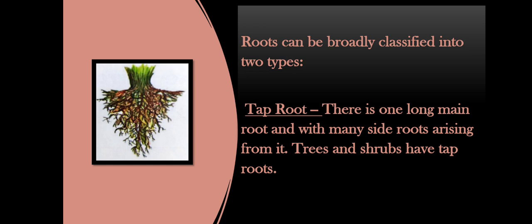As you are seeing in the picture of taproot, they have a long main root and many side roots arising from it. This is taproot, and trees and shrubs are examples of taproots.